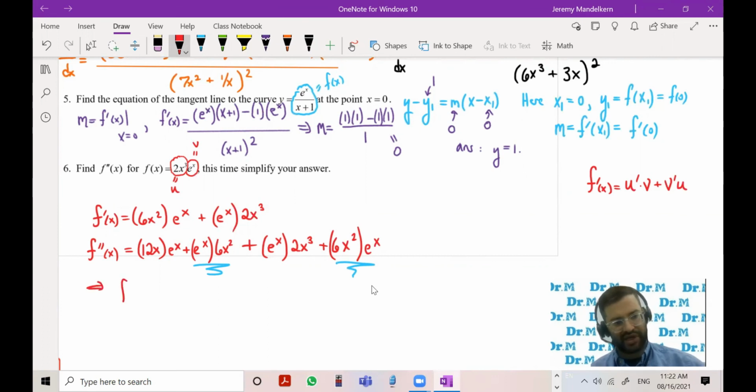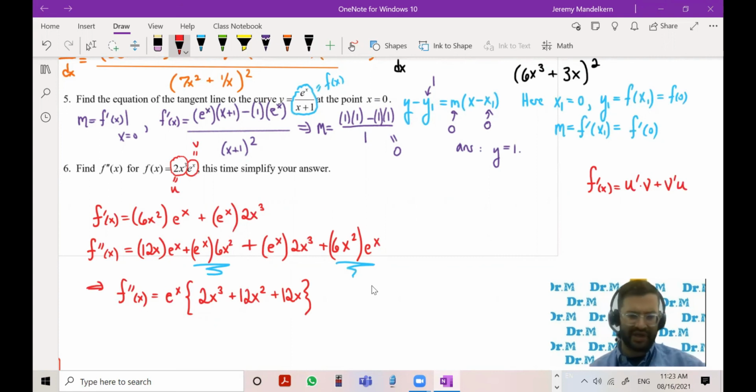That implies that f double prime of x, pulling out the e to the x, is e to the x times 2x cubed plus 12x squared plus 12x. Of course, you could do more. You could pull out a 2, maybe an x if you wanted to, but we'll go ahead and stop here. We have a valid representation of f double prime, provided that there were no blunders.